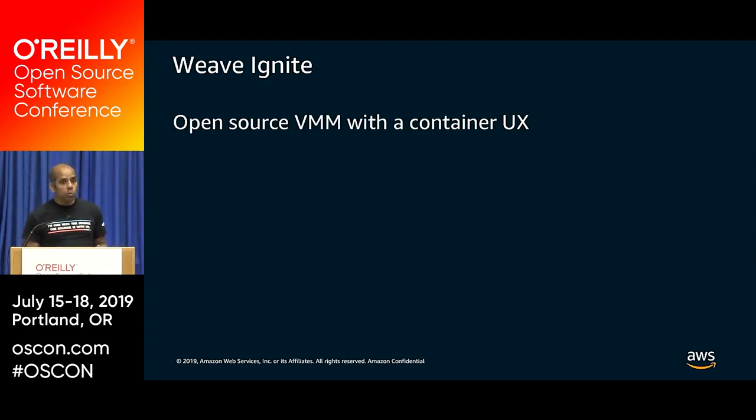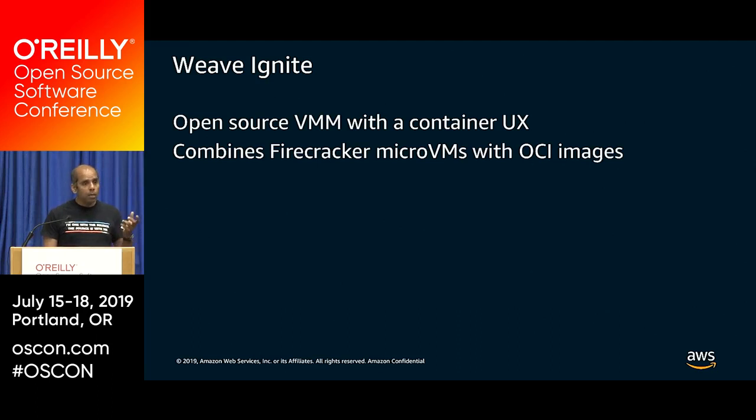So it's an open source VMM with a container UX, essentially. So what you can do is bring your Docker or OCI compatible images, and it'll create a Firecracker microVM, and it'll run your OCI images in that microVM, essentially. That really opens up a lot of possibilities.